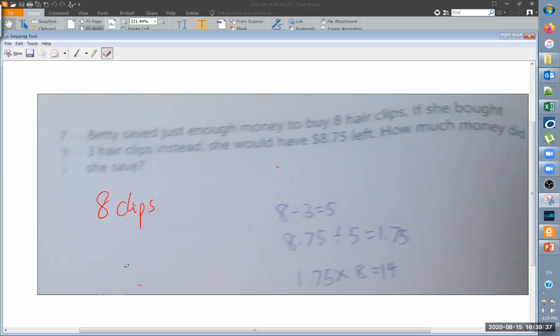Supposed to buy 8. Now the person never buys 8. The person only buys how many? 3. So let me write it down first. The person buys only 3 clips. So this is bought. Am I right? So how many clips never bought? 5. So that means 5 left, right? Yeah, 5 left.